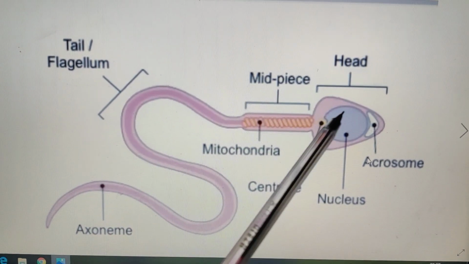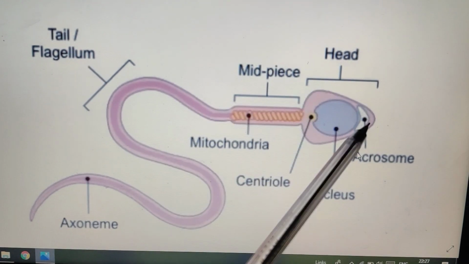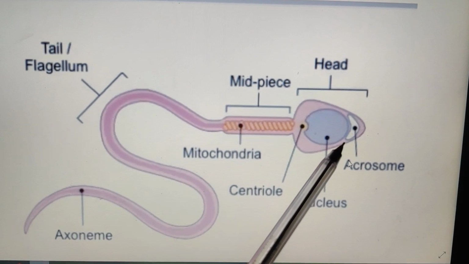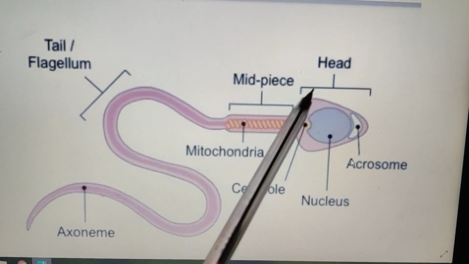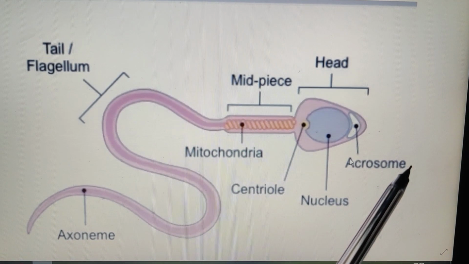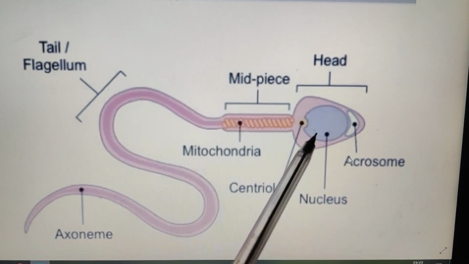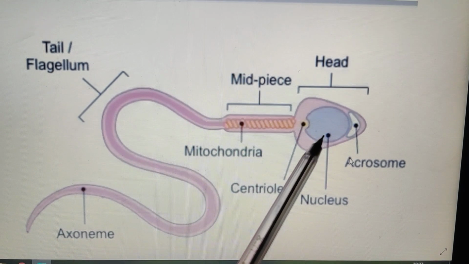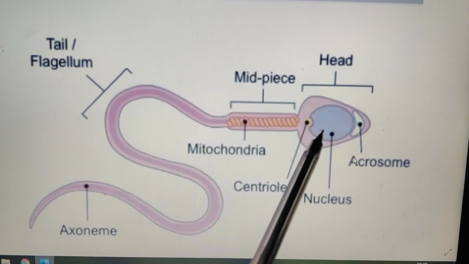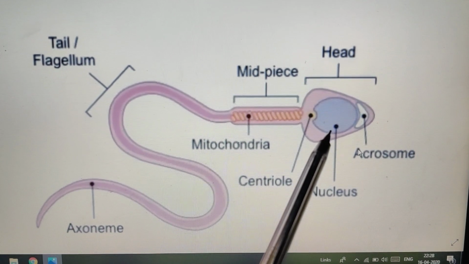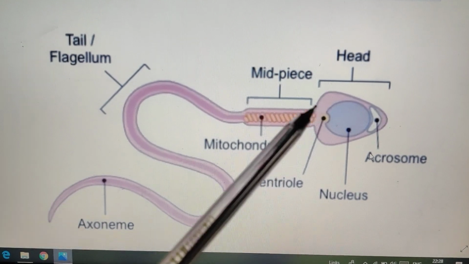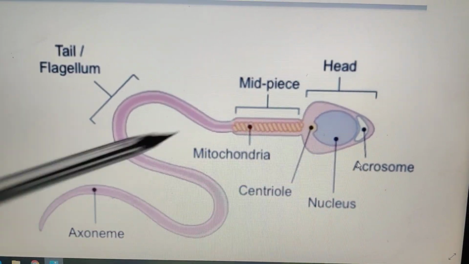This means when the head touches the vitelline membrane, it forms the reception cone. After that, this centriole enters inside the secondary oocyte and starts meiosis. The nucleus of the sperm enters inside the secondary oocyte, and all the other parts degenerate.